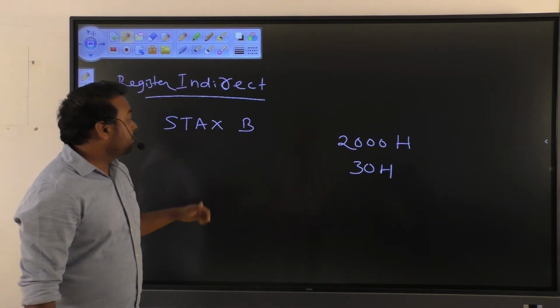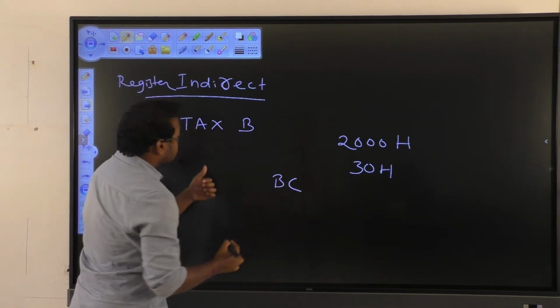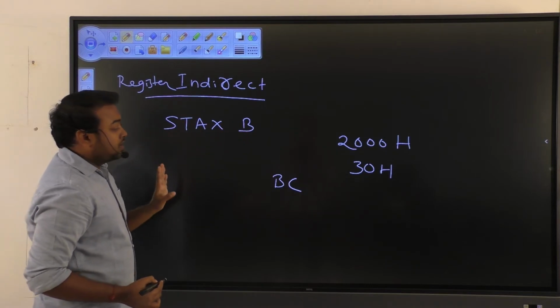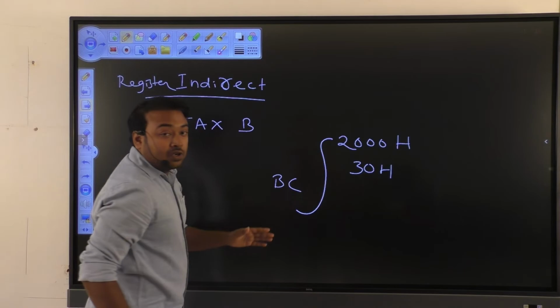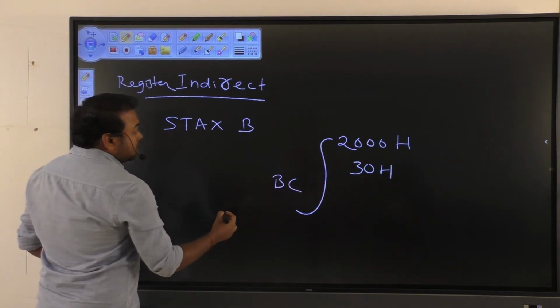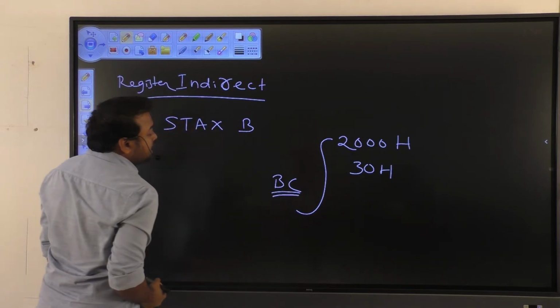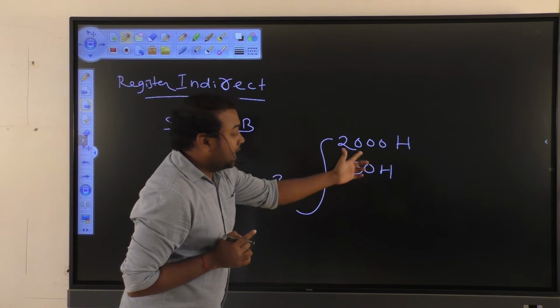So here the BC pair, where X represents register pair, stores or holds the address of the data 30. So the BC register pair stores the address of the data.